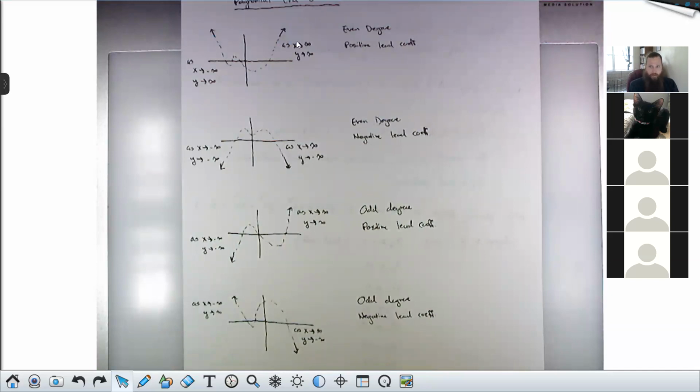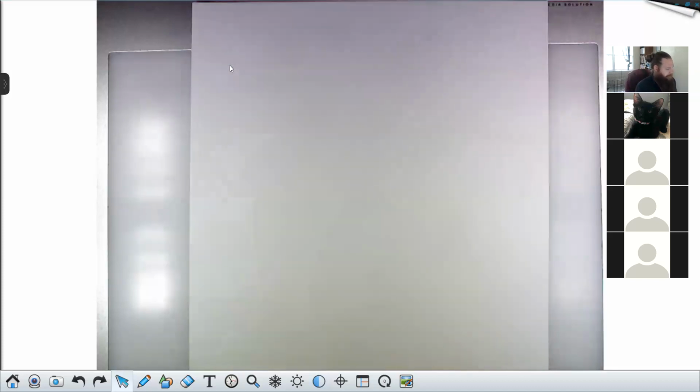The next few steps involve finding the x-intercepts or the roots, and then figuring out what the graph looks like very nearby those roots. And it turns out that because polynomials have some very nice properties, which is the next thing I'm going to describe, once you know the end behavior and what we call the local behavior near the roots, you have sufficient information to draw a really nice graph. The reason for that is the following theorem.